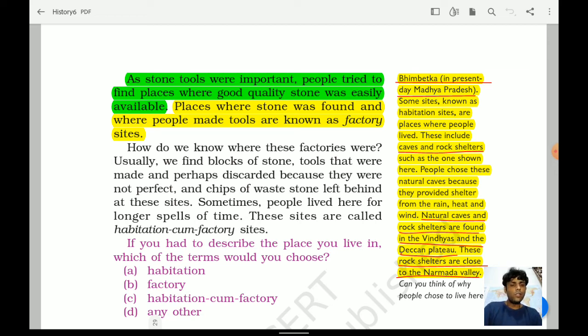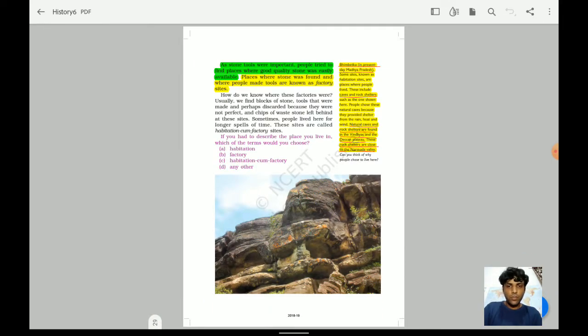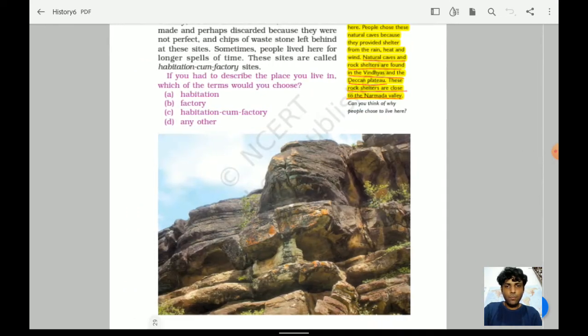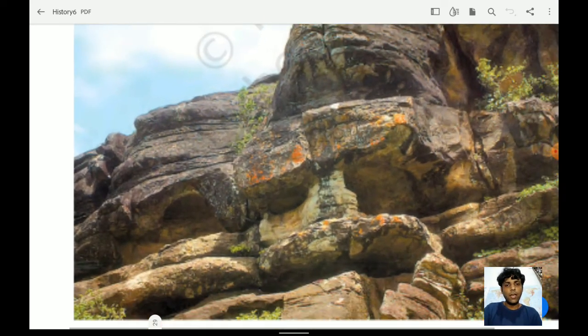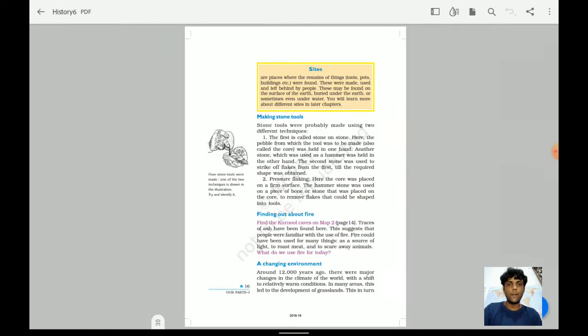And it is also referring to the caves and rock shelters, which we have already discussed, and why these must have been important, right? They must have saved the people from rain, heat and wind, or any attack of wild animals. So these must have been the reasons that they chose the caves or rock shelters. Okay. So if you look here, these are the rock shelters, and there are different caves as well.